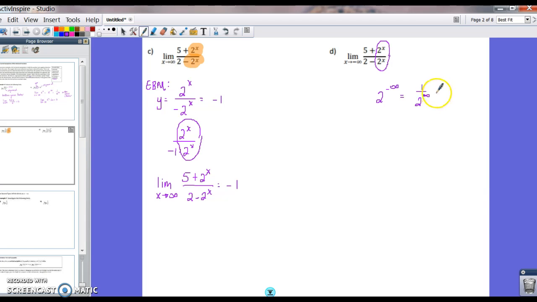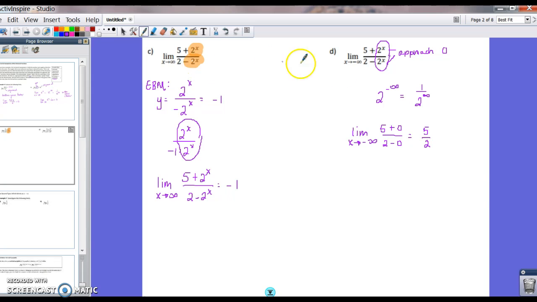So that is going to go closer and closer to 0. So both the top and the bottom, those two pieces approach 0. Okay, so in essence, I end up with the limit as x is going to negative infinity of 5 plus 0 over 2 minus 0. Well, that is just going to give you 5 halves.